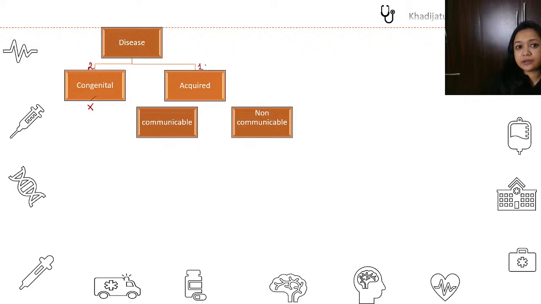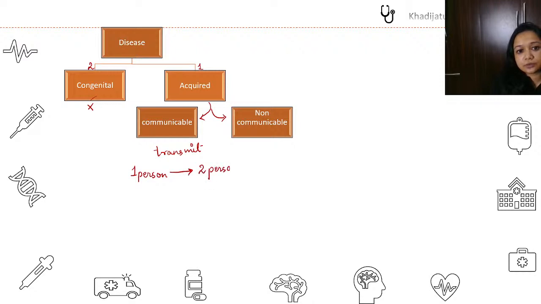But then what are acquired diseases? Acquired diseases could be of two types. One which is communicable and the other which is not communicable. Communicable are the ones which you can transmit from one person to the other person.